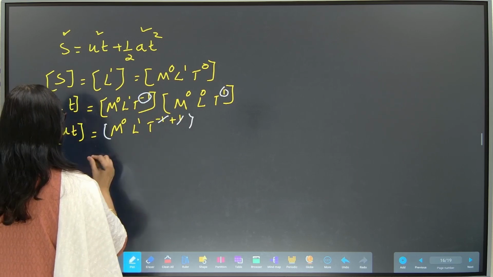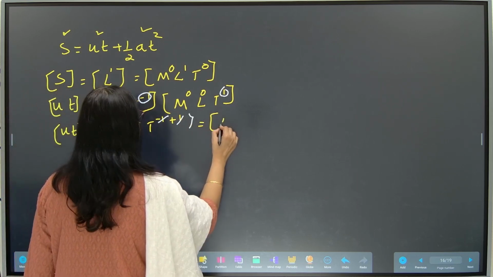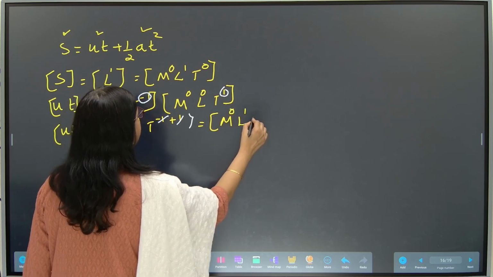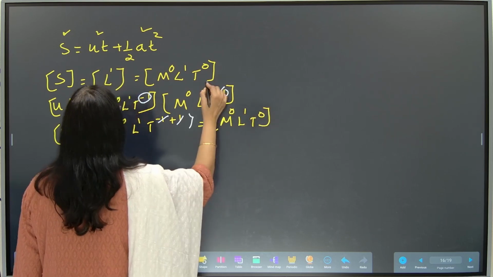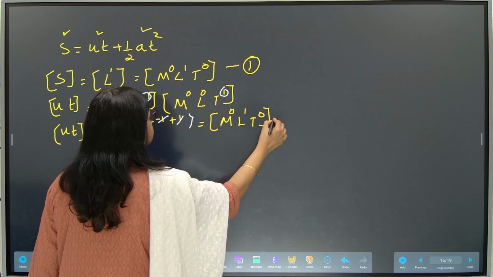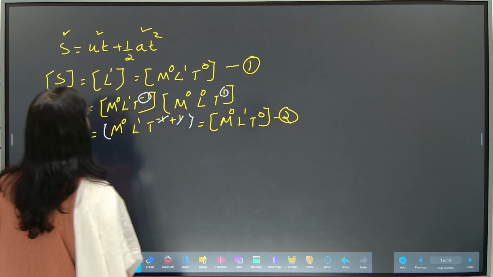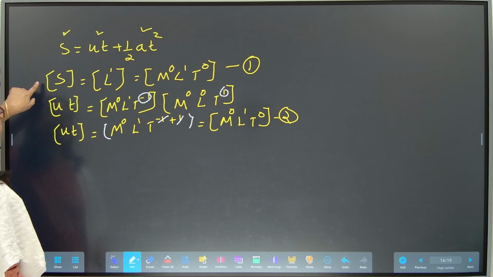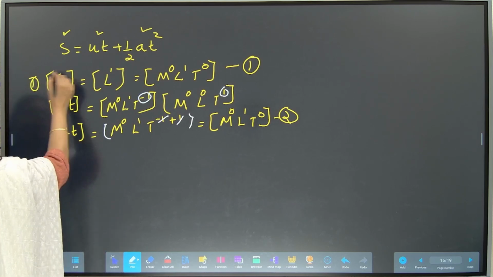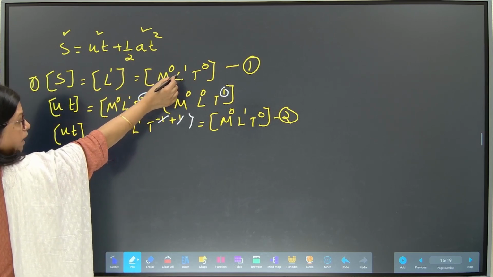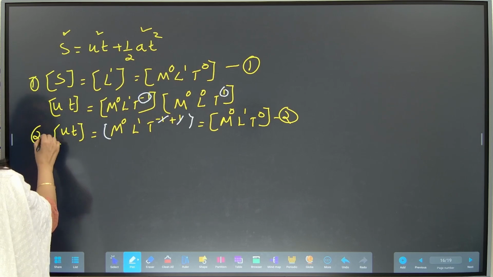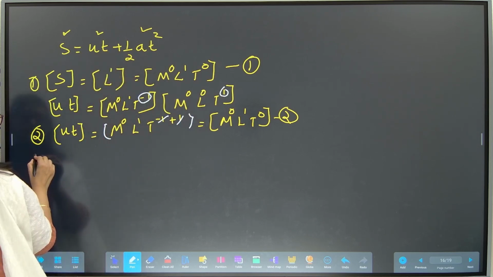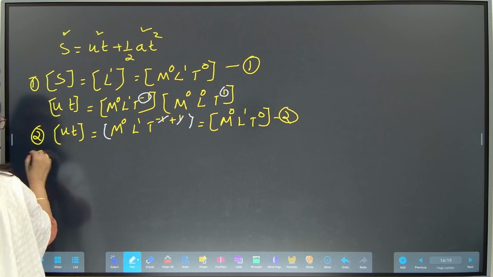I have M raised to 0, L raised to 1, T raised to 0, which is the same as equation 1, term 1. So I am ready with term 1, and term 2 has the same dimensional formula as term 1. Now, let me talk about term 3.